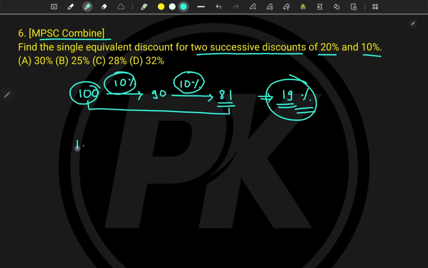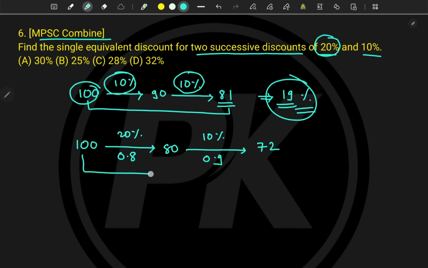Now let's say the price was 100. First you are giving a 20 percentage discount, that means 80 percentage of the value, right? So we are going to multiply it by 0.8. We have seen this in percentage, right? So it will be 80. Now on 80 it is giving again 10 percentage discount, that means 90% of 80, and that is equal to 72, right? 9 8s are 72.